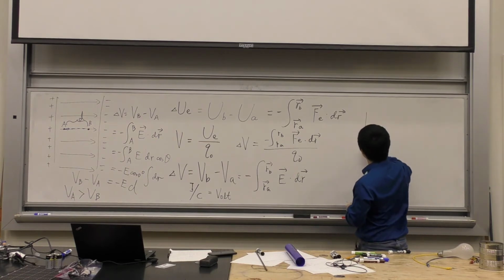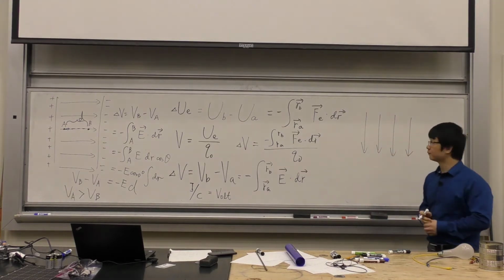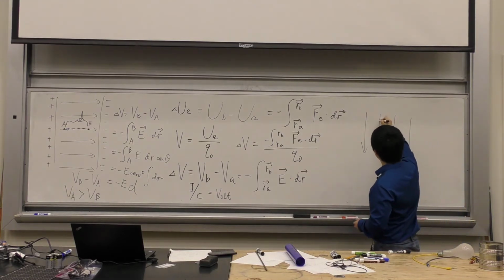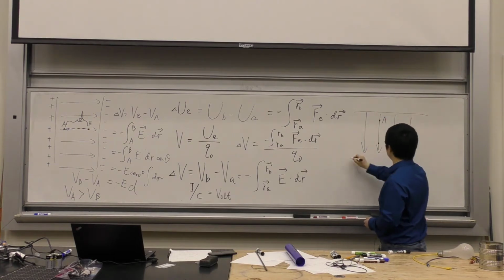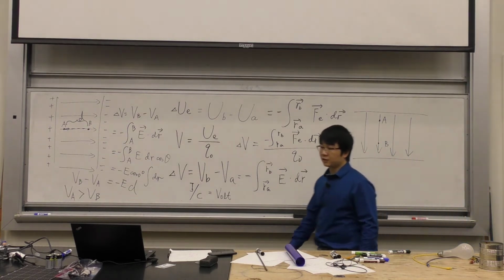So I would get electric field in this way. Now A is above B, obviously. These are the 2 plates. This is pretty much like a gravitational field.